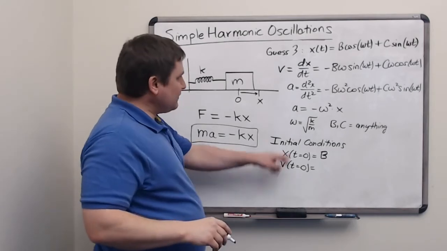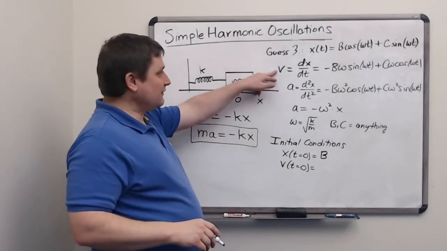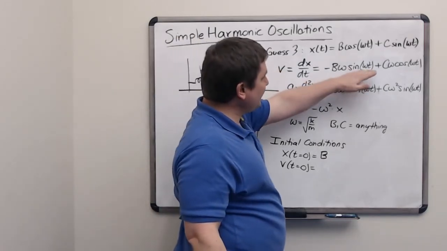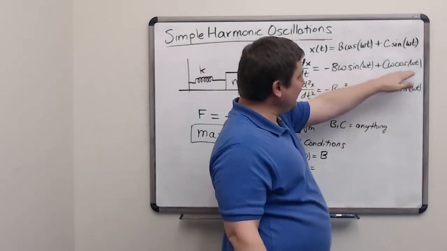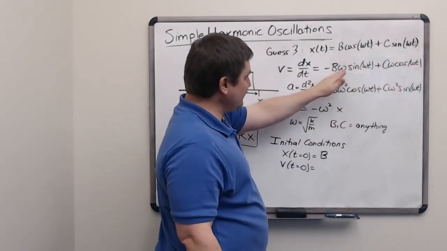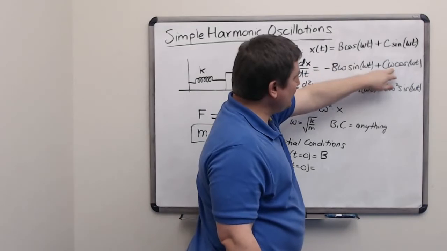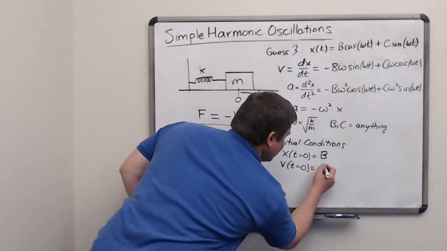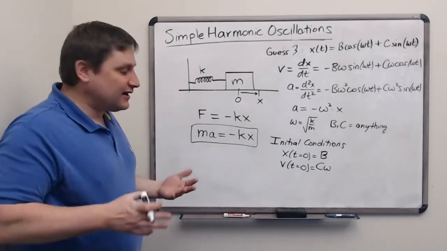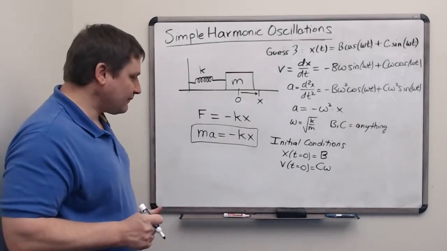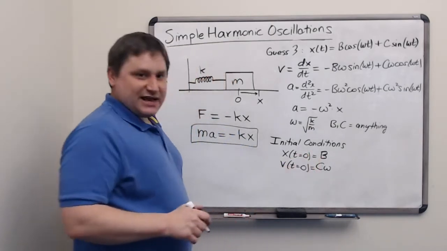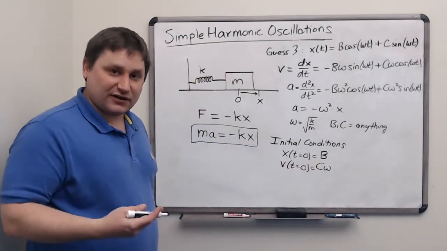For velocity, we're looking at the second line here, right? It was a good thing we did this derivative. So at time 0, the sine evaluates to 0. The cosine evaluates to 1. So we have minus b omega times 0 plus c omega times 1. So the velocity at time t equals 0 is equal to c constant times omega. So what we find out is that these two constants, b and c, are related to our initial conditions.